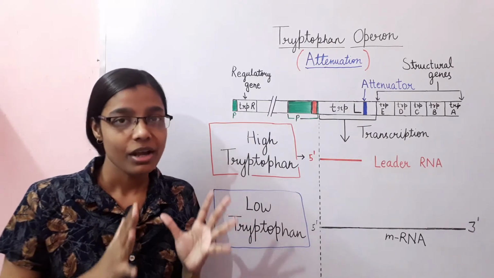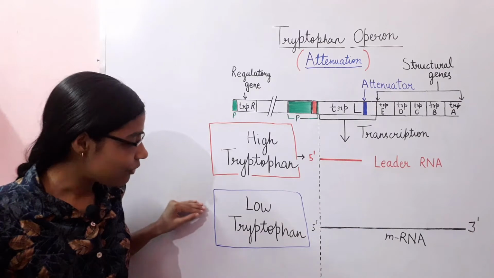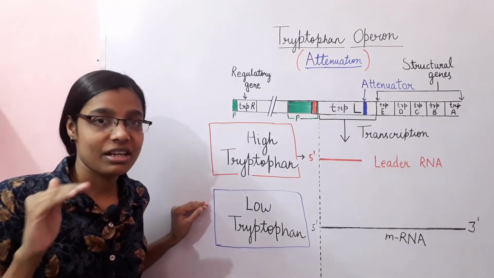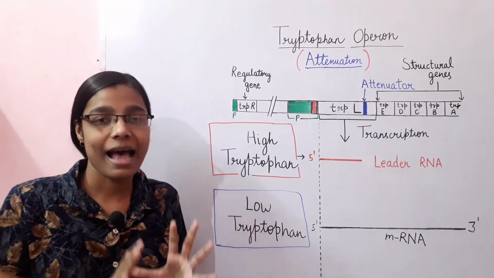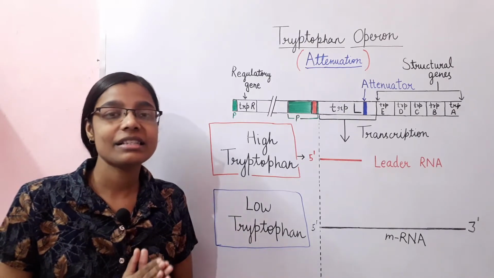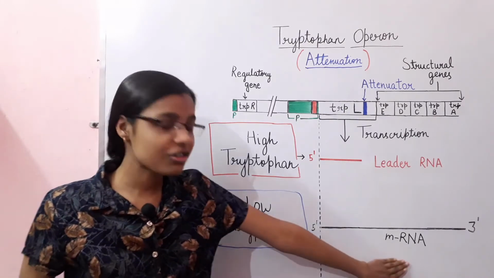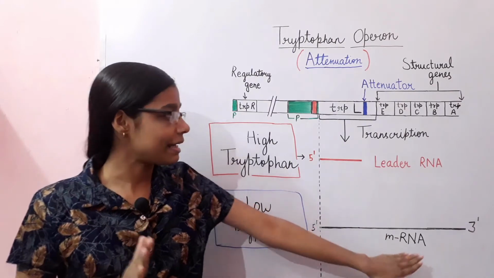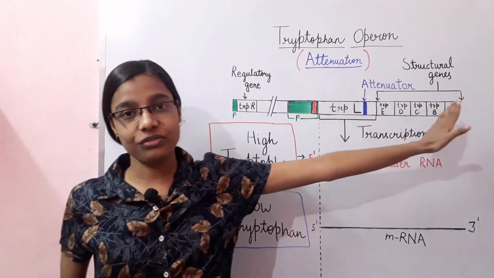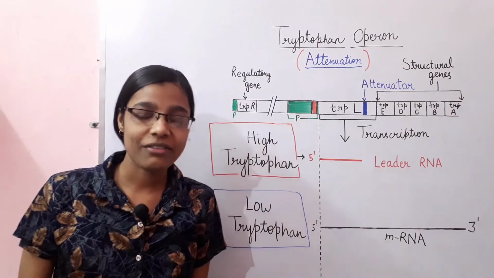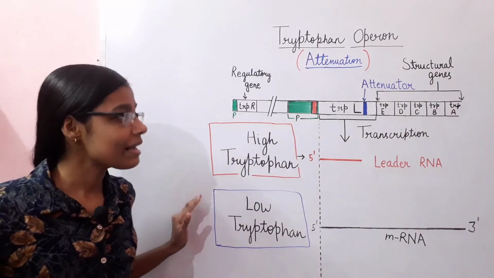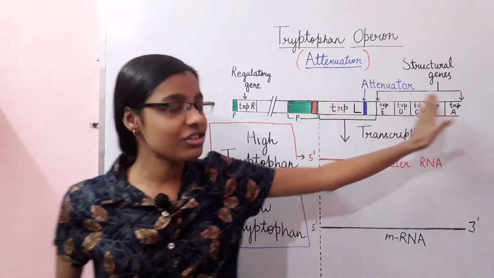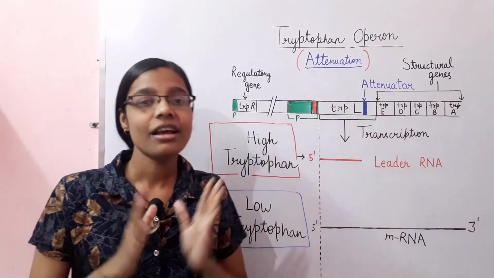Now, when the tryptophan level is low, there is complete formation of the mRNA by the transcription of these genes. So whenever the level of tryptophan is low, the transcription of these genes will take place completely.